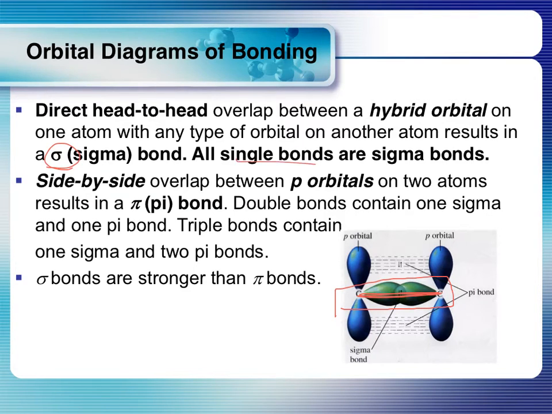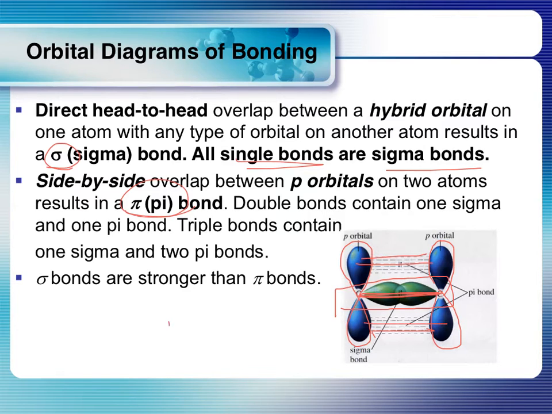All single bonds are sigma bonds. Now if you have side-to-side overlap, and I said p orbitals are used to make pi bonds, that's not direct overlap, that makes a pi bond. Pi bonds are not as strong, and pi bonds are used to make double and triple bonds.